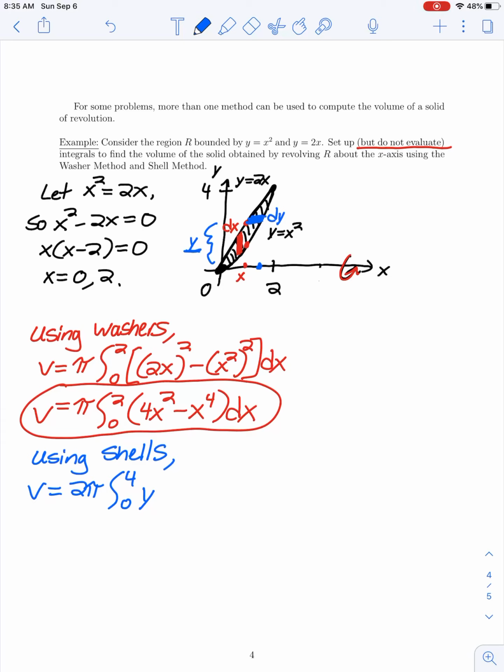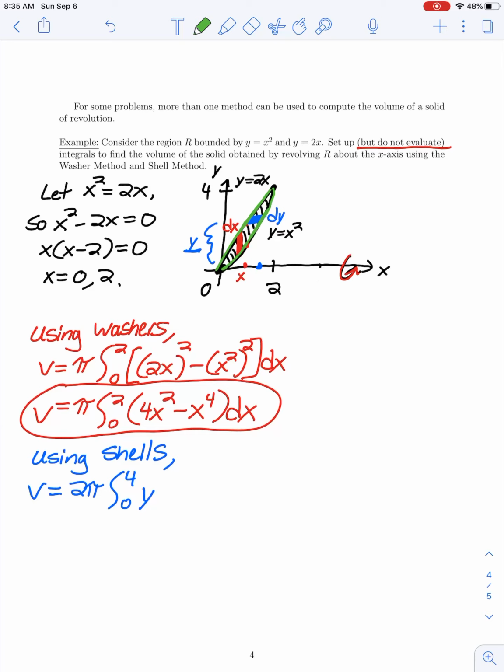Now we can see here that that slice is bounded on the right-hand side by this parabola, and on the left-hand side by the line shown here.